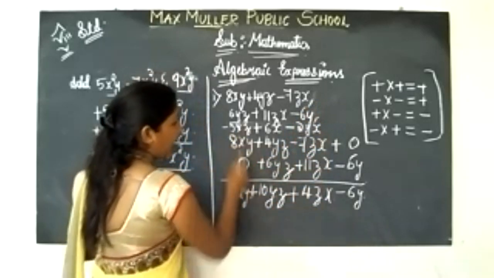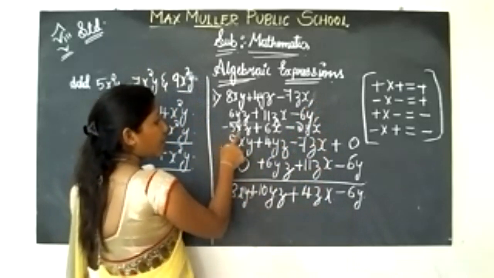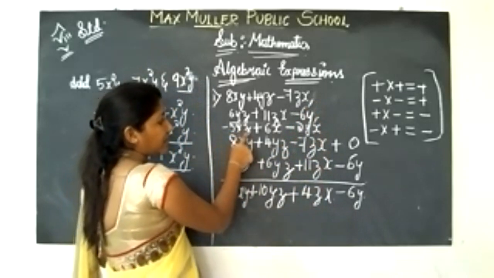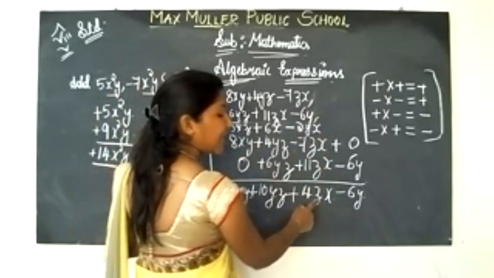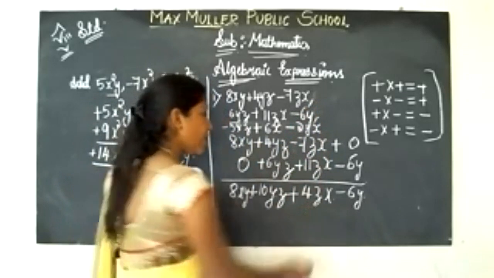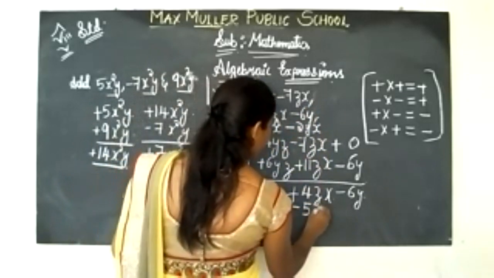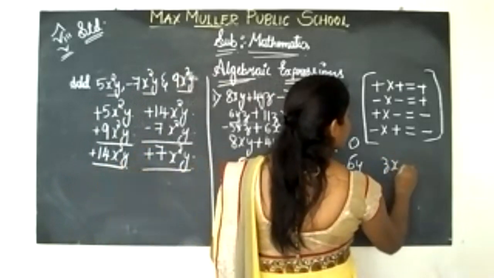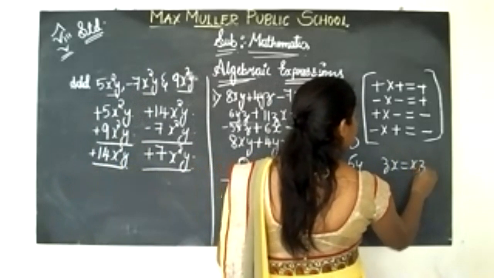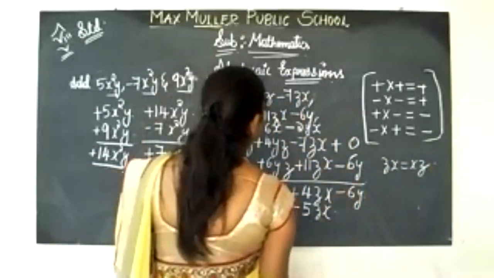Next, write all the like terms under this, that is minus 5xz. zx and xz are one and the same, so write under it minus 5zx. Okay, see, zx is equal to xz; you can write under xz also.